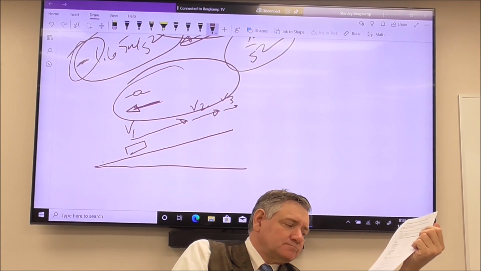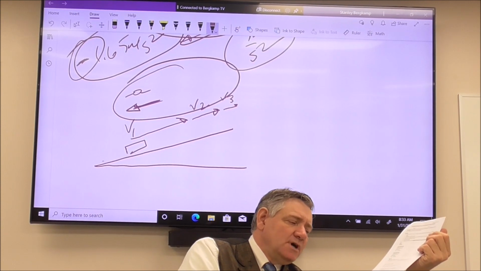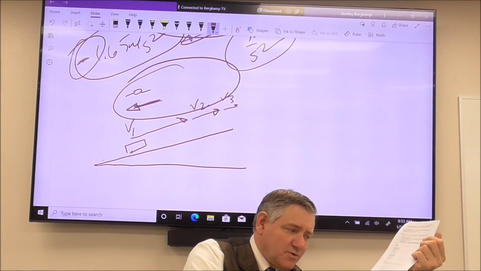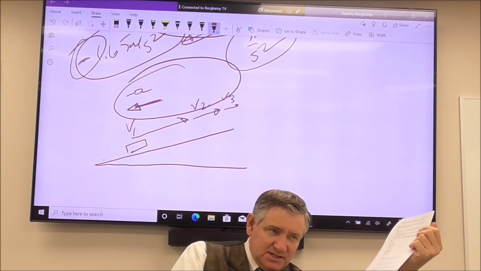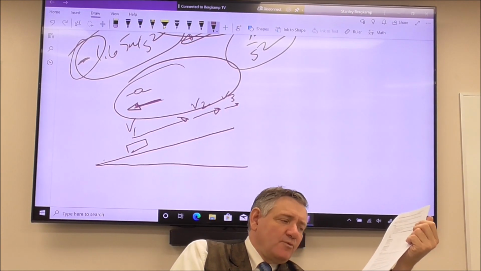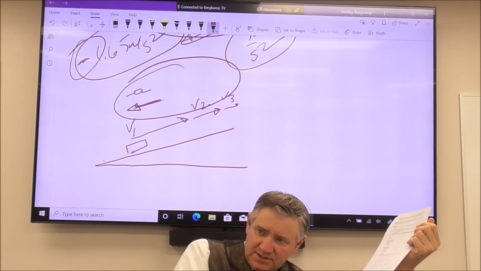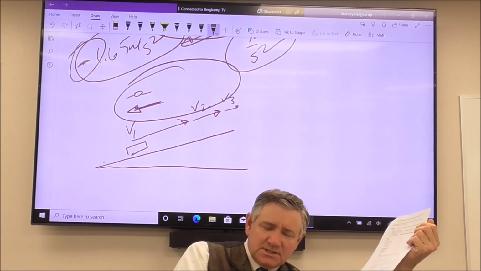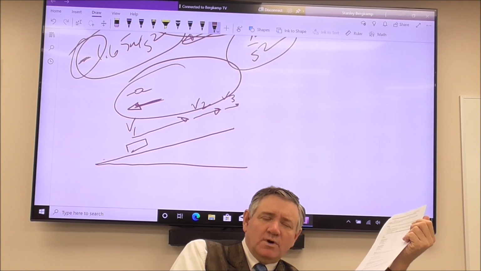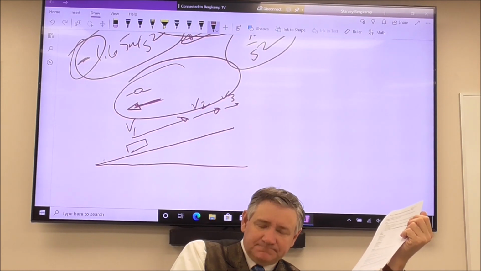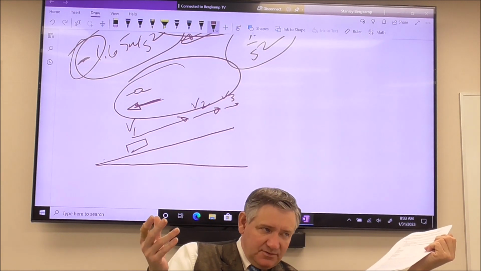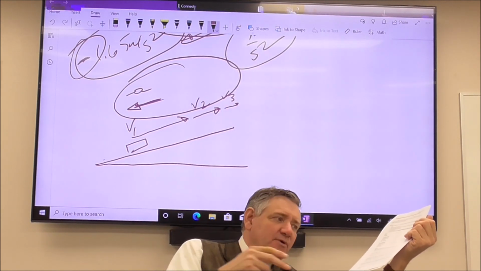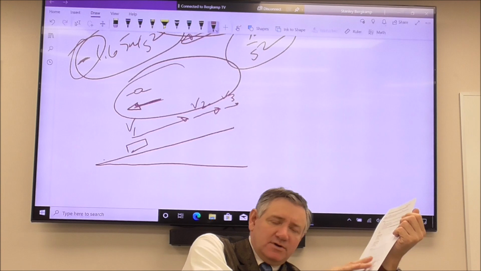Now, when you get to question 5, and I give you this equation that a equals v minus v naught, there's a couple of ways you can do acceleration. When you answer question number 5, you don't know what the initial velocity is going to be. You haven't found it yet, but you know it's going to be a positive value. So there's a couple of ways that you can calculate or explain this.